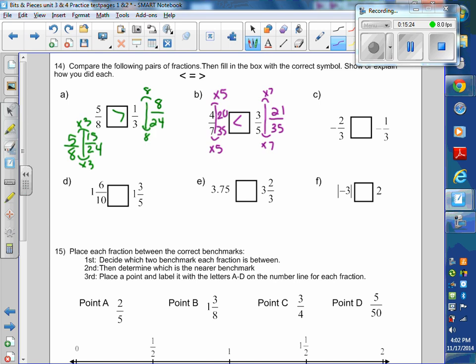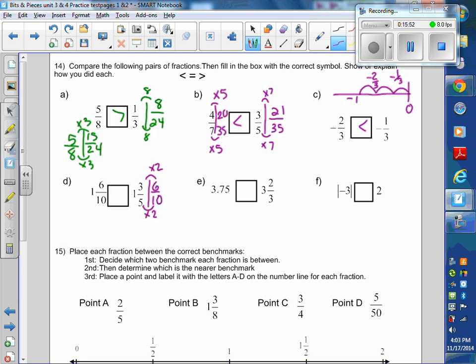Here, a picture's nice. It's quicker. This is 0. This is -1. That's -1/3. That's -2/3. Since -1/3 is farther to the right, the bigger numbers are to the right. This one, common denominator would work nice. Just multiply by 2 in the numerator and the denominator.